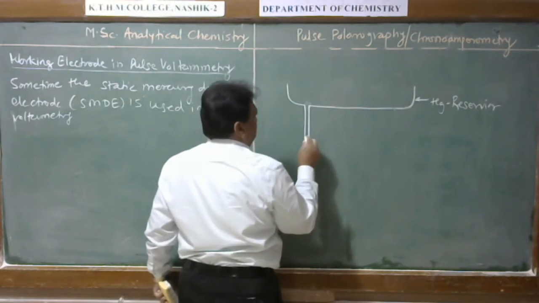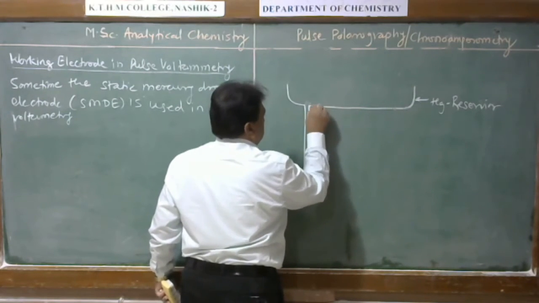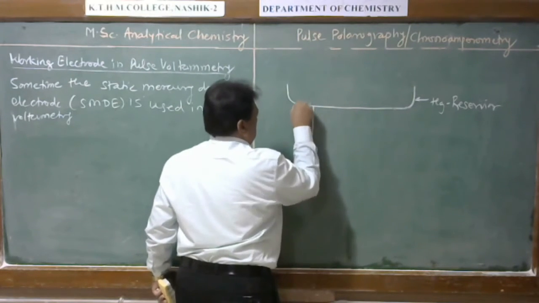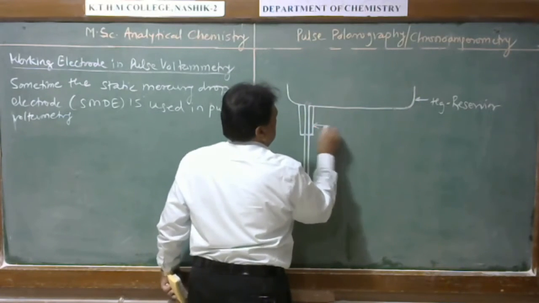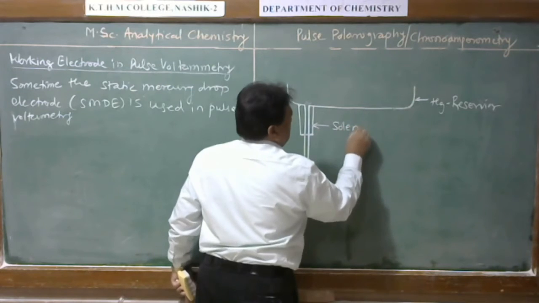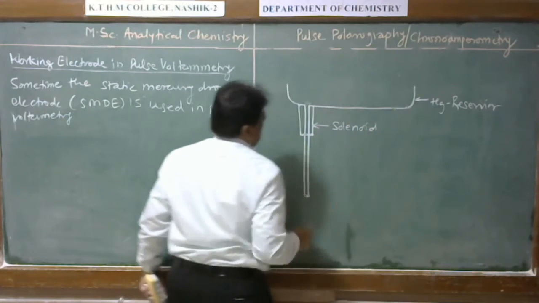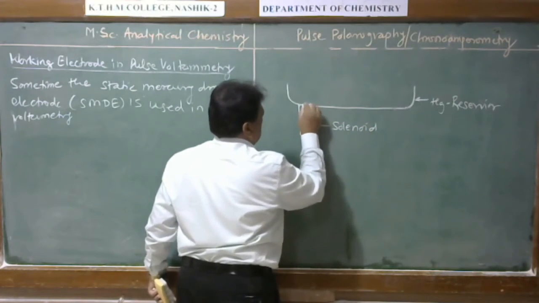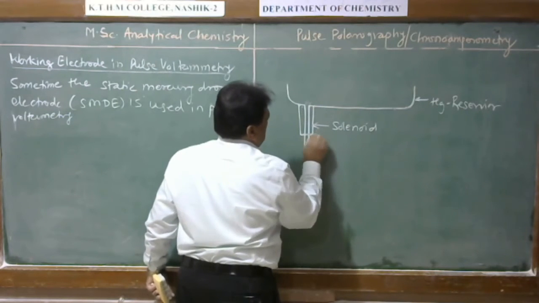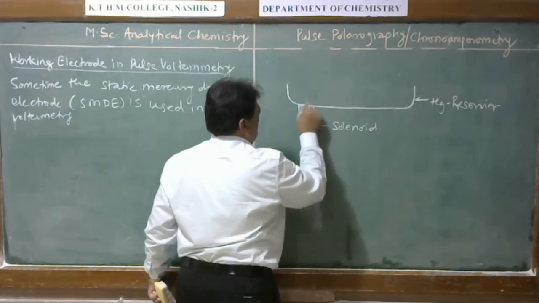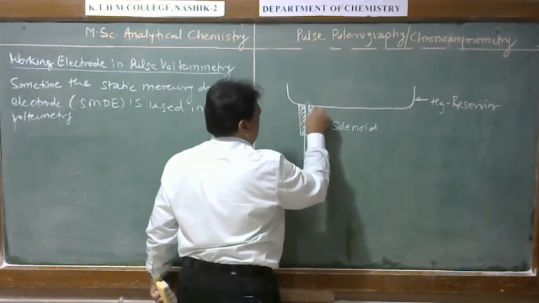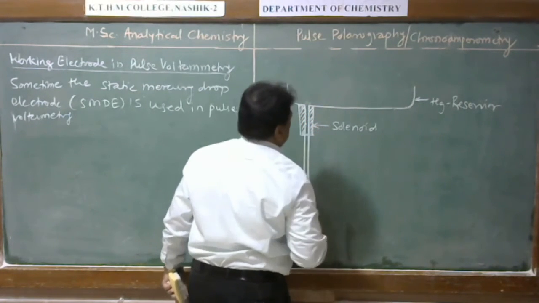This capillary is connected to a solenoid, which provides a mechanism to deliver the mercury at a constant rate.